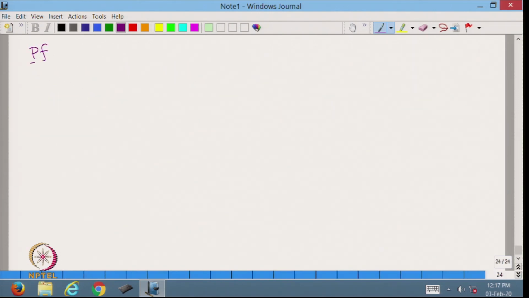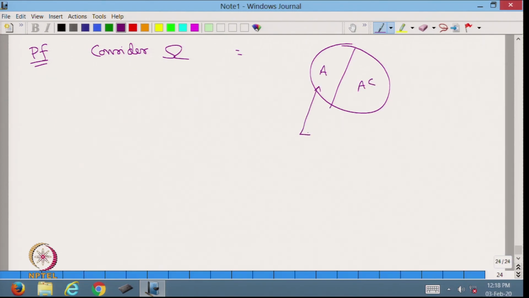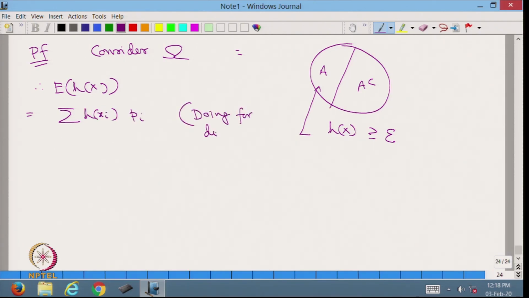Proof: consider the omega is equal to like this. Suppose we divide it into two parts, A and A complement. A is such that h(x) is greater than or equal to epsilon. Therefore, expected value of h(x) is equal to sigma h(xi) multiplied by pi, doing it for the discrete case; you can do similarly for the non-discrete case.